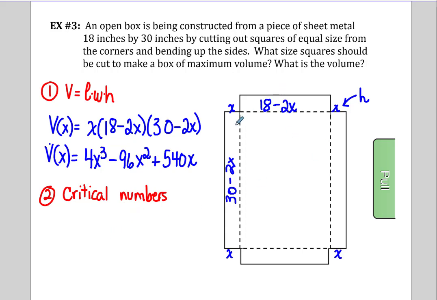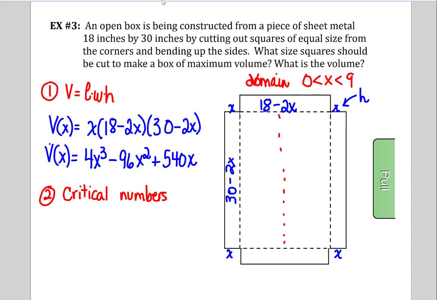If this sheet metal is 18 across and you fold it in half, if you cut out a square that's 9 by 9, all you've done is cut the paper into 4 pieces. So we know that the domain for the box, not the volume of the box, has to be some number in between 0 and 9.